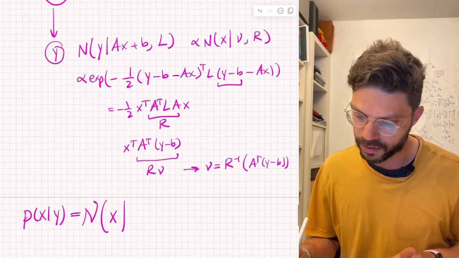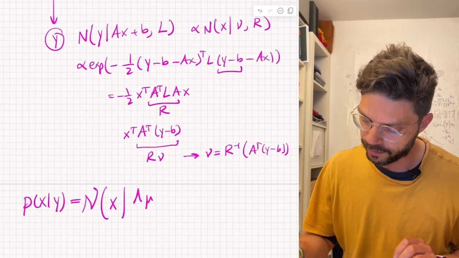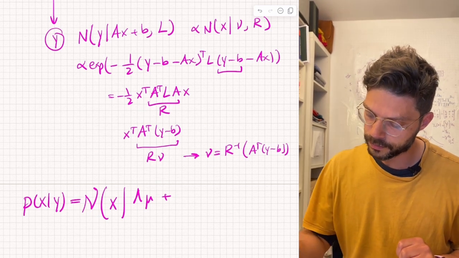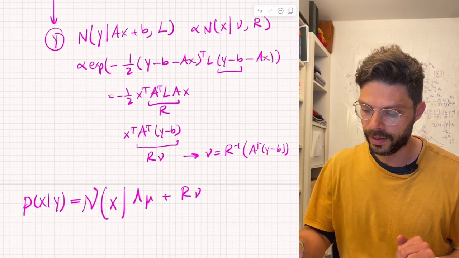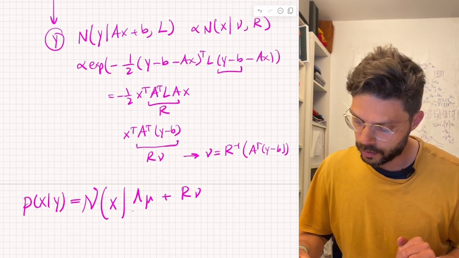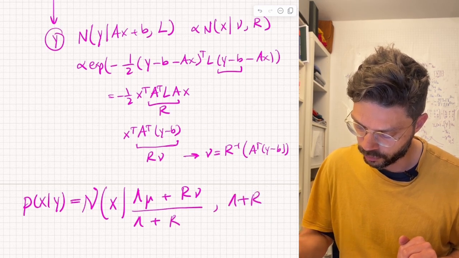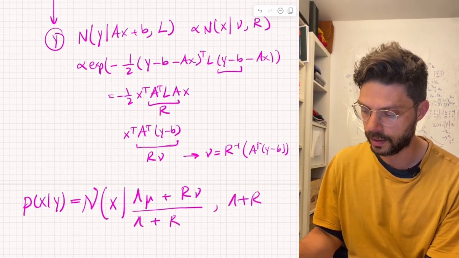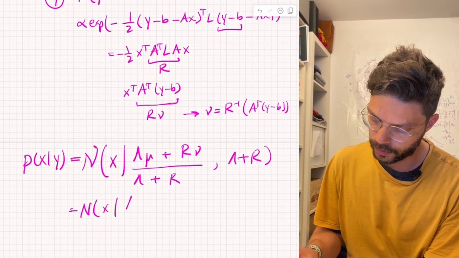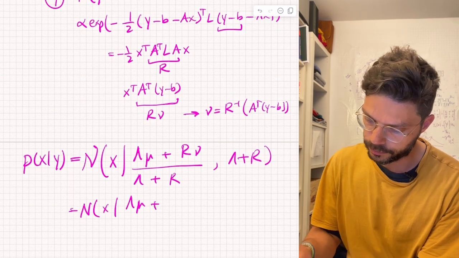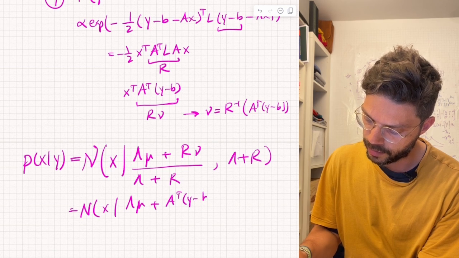So we're going to have the precision of the prior, so it's something like that, plus r times nu, right? And that's exactly what we have here, right? With precision equal to mu plus lambda plus r. Well, what is this? This is just plus A transpose y minus b.